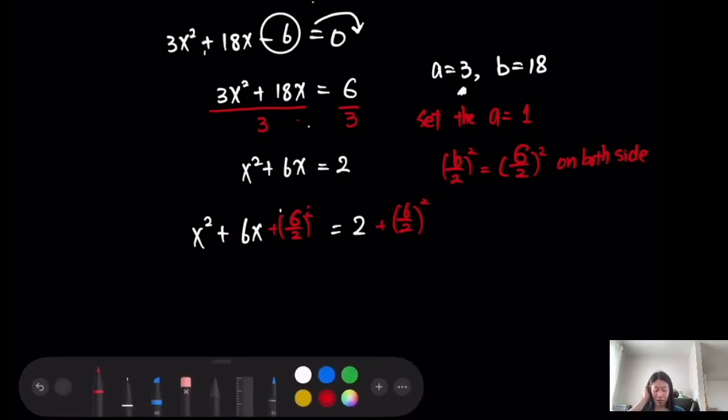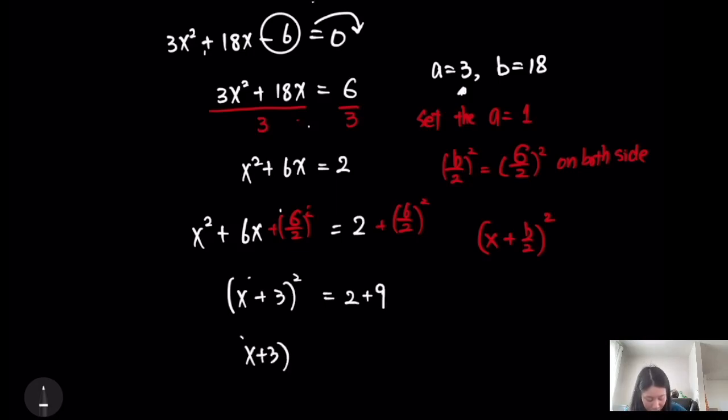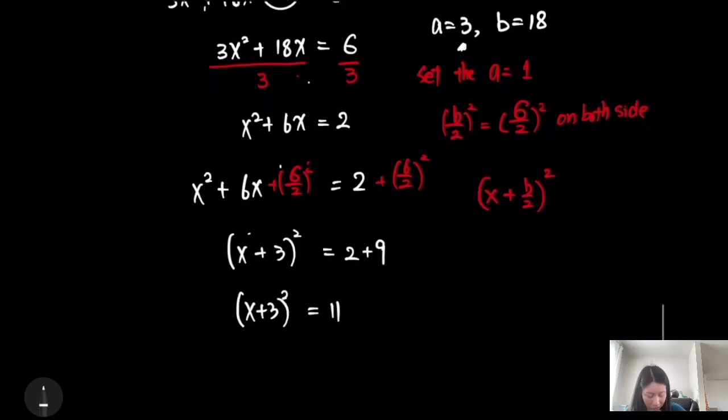Now, the square is already formed because the square is going to equal x plus b over 2, squared. Now this function will become x plus 3 squared equals 2 plus 9. Simplify, I have x plus 3 squared equals 11.